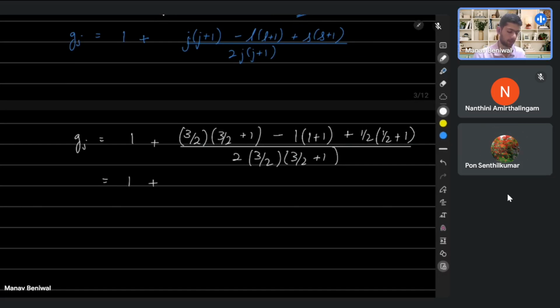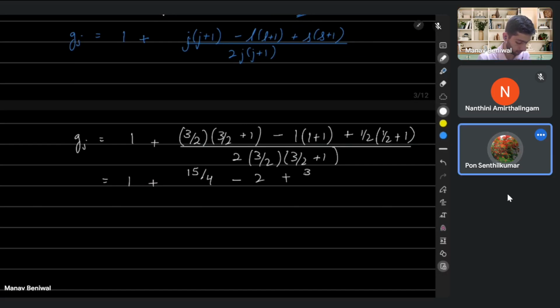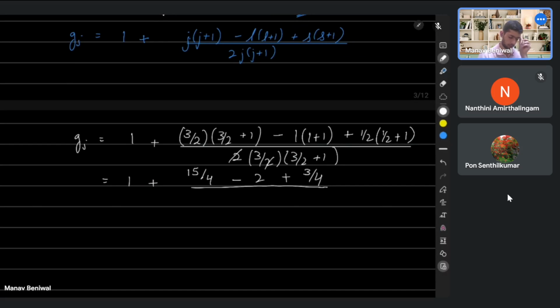So this will become 1 plus, and 3 by 2 plus 1 will become 5 by 2, so this will become 15 by 4, minus 1 plus 1 becomes 2 minus 2, plus 3 by 2 multiplied by 1 by 2 will become 3 by 4. And then we divide this thing by, so this 2 will cancel out. This will become 5 by 2 and this will become 15 by 2.